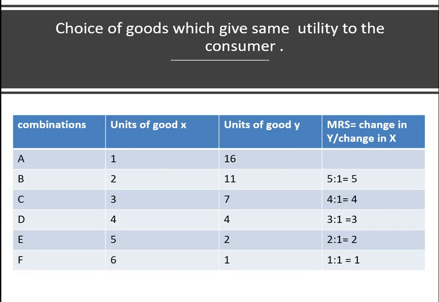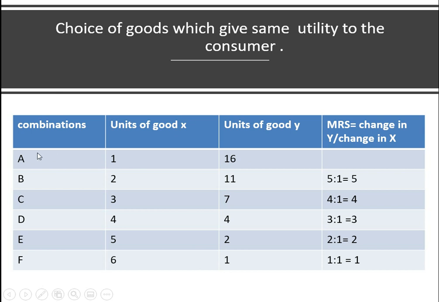As you can see here, we have different combinations of two goods, good X and good Y, and here are the combinations from A to F. And here we have calculated the MRS, the marginal rate of substitution, the rate at which we are willing to forgo units of Y to take 1 unit of X. As in our definition, an indifference curve shows different combinations of two goods.